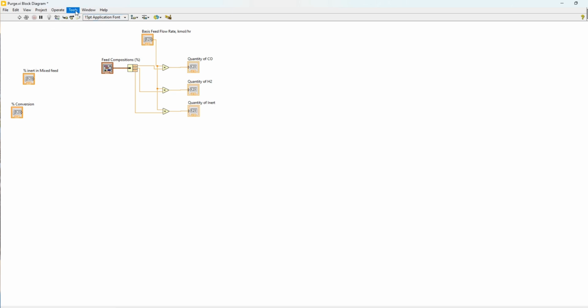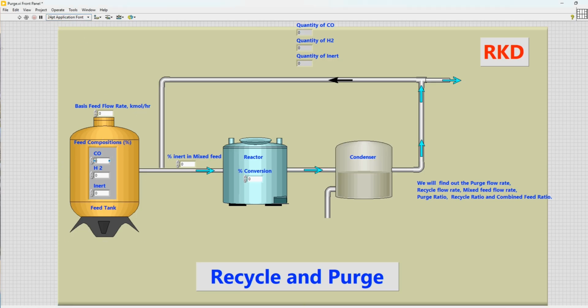So now from here we can see. Suppose we are giving the value, this is 32, this is 64, in percentage composition.